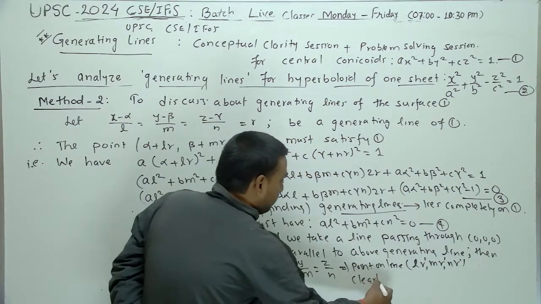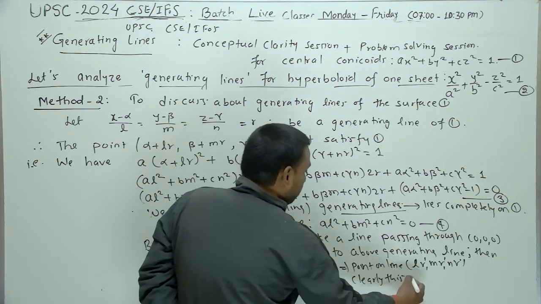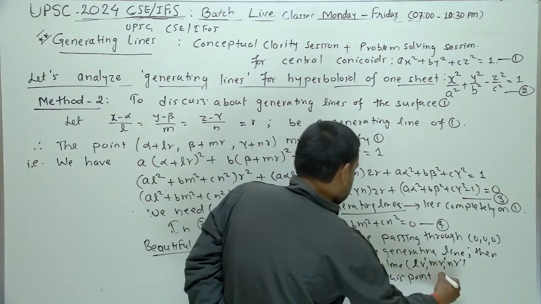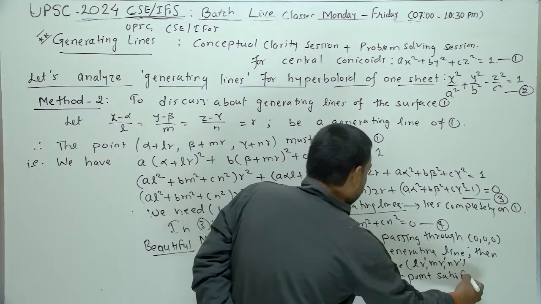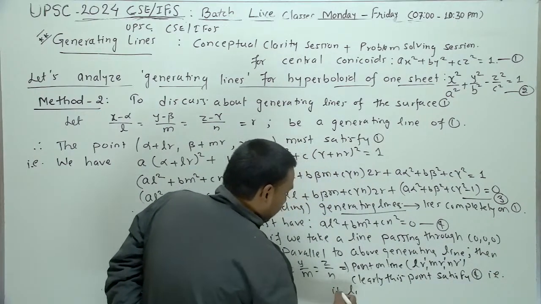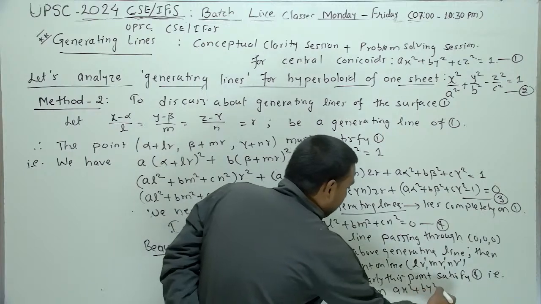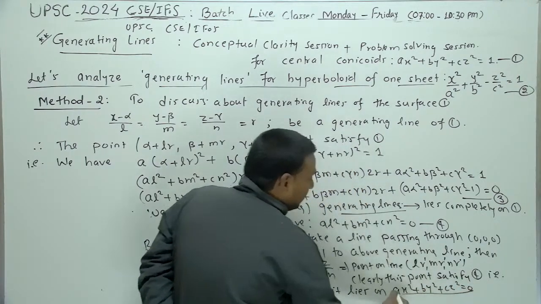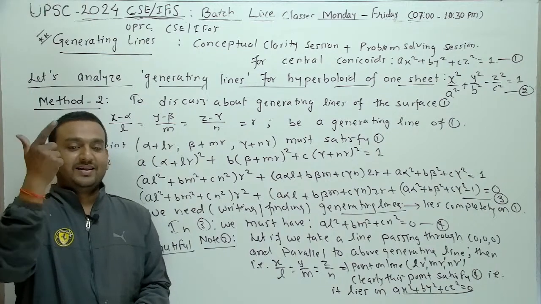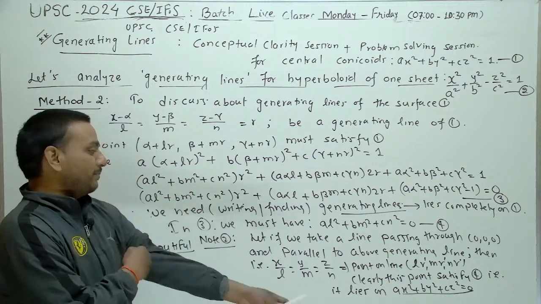Clearly, look carefully, this point satisfies, that is, it lies on ax square plus by square plus cz square equals to 0. Check it out. Watch calmly, enjoying it fully. What does it imply?